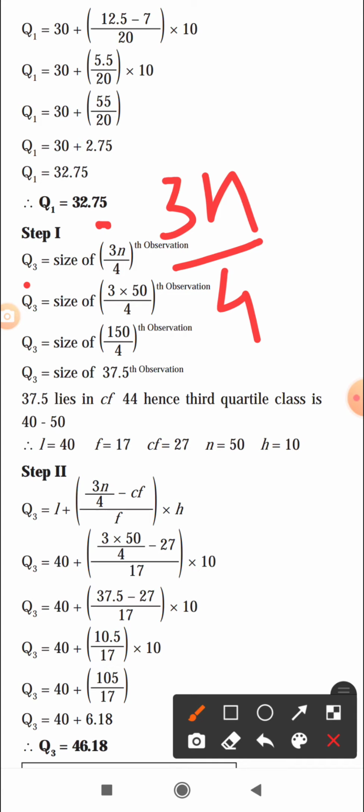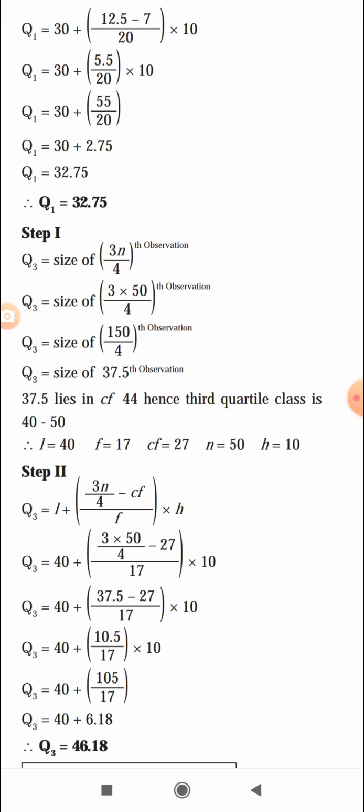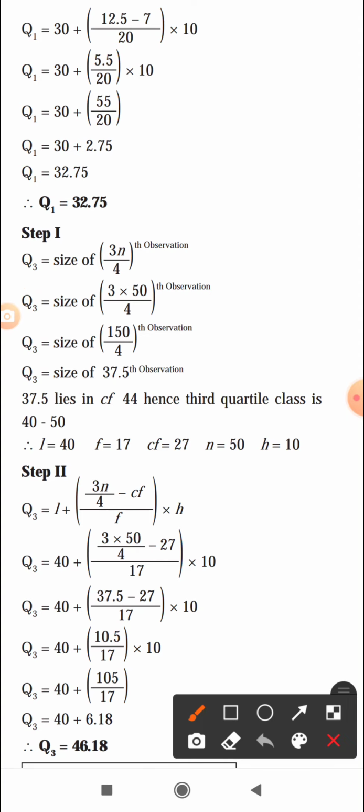The answer is that Q3 is equal to size of 37.5th observation. So this 37.5 lies in CF 44.